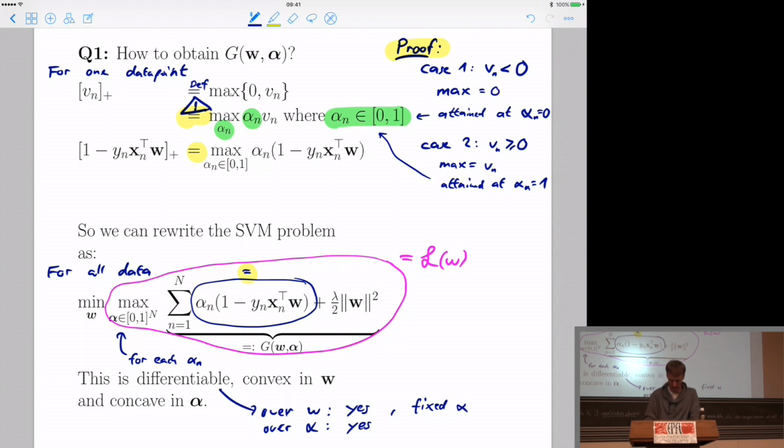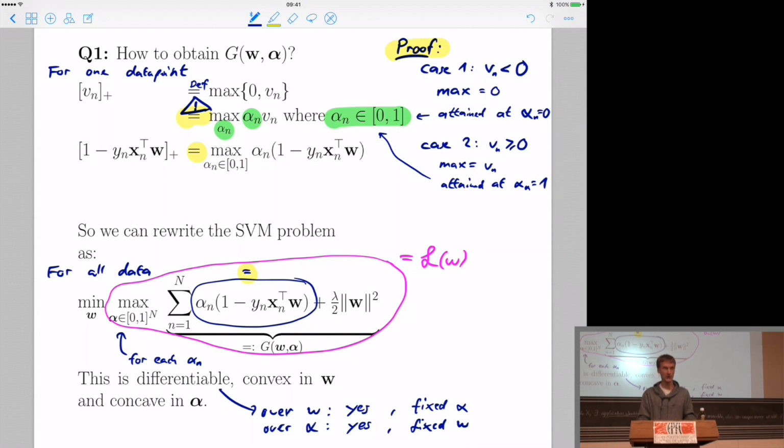But let's see, we jump ahead a bit. The question is now, in which order do we do this W and alpha optimization? We're going to see which order is going to be better. But what's true anyway?